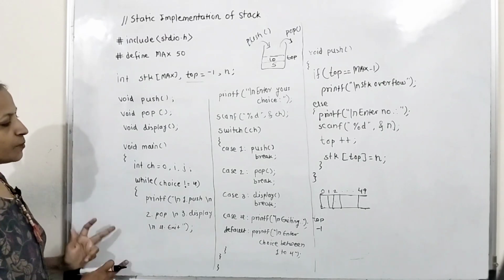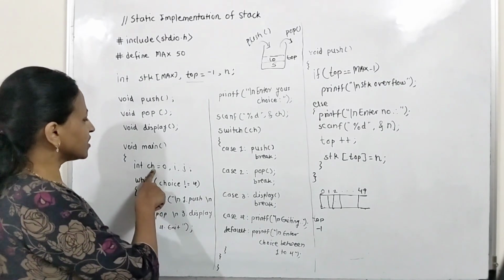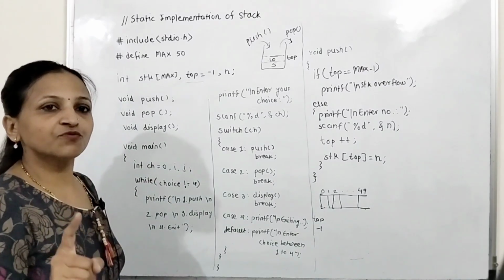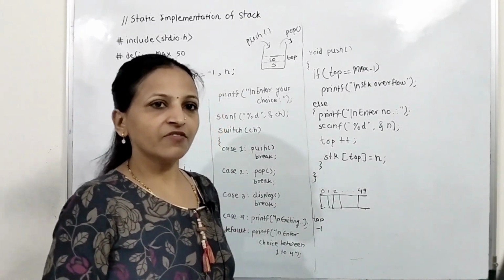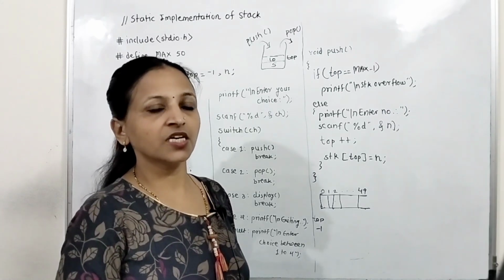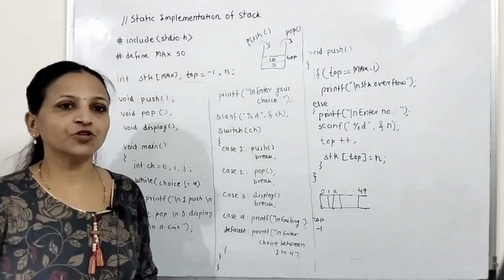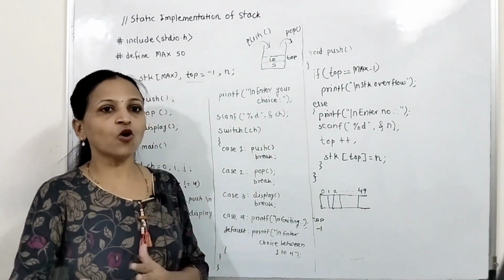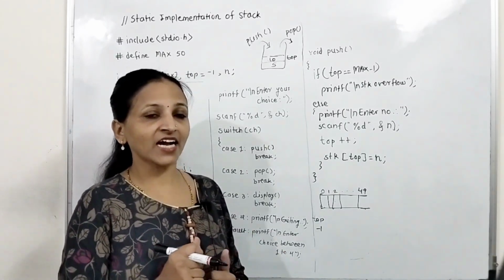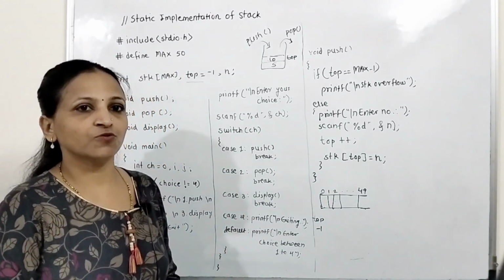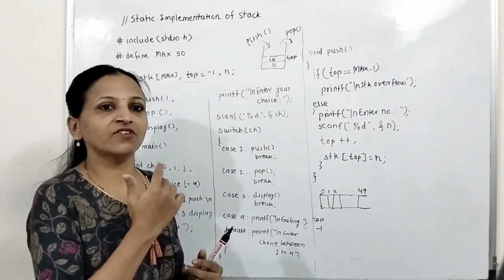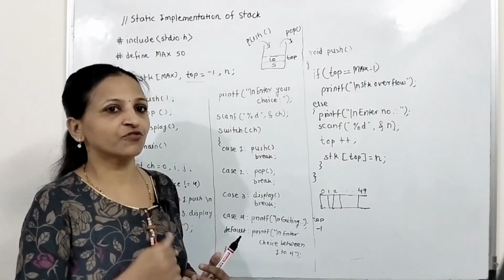See, inside main what we have done, we have declared one ch variable for choice, means whenever you are doing any program for implementation of a data structure, in that case you have to give options to the user, like what operations you want to perform on the stack. That list you have to provide to the user with options, means suppose first option is push, then second one is pop, then third one is display, and fourth one is exit.